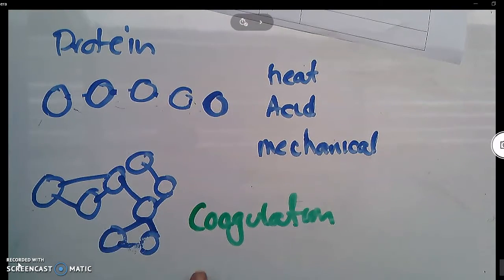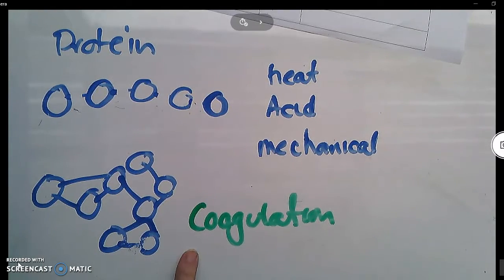But when we start cooking it or beating it, and we do the denaturation and the coagulation, these bonds become tighter, and the light can no longer go through. So there is a physical change of colour from that see-through yellowy colour to something that is completely opaque, which means you can't see through it, and it's white. That's the physical change that's happening, and the chemical change is what I've just described.